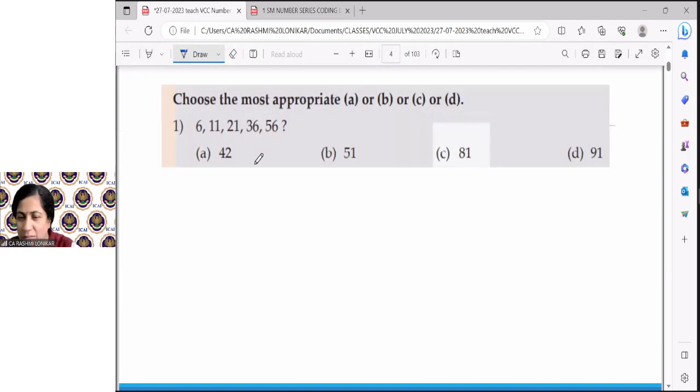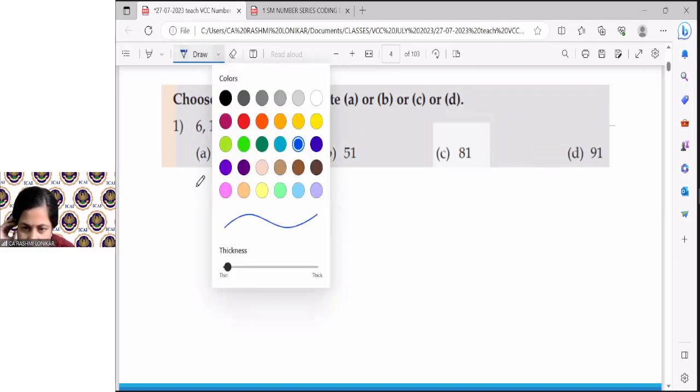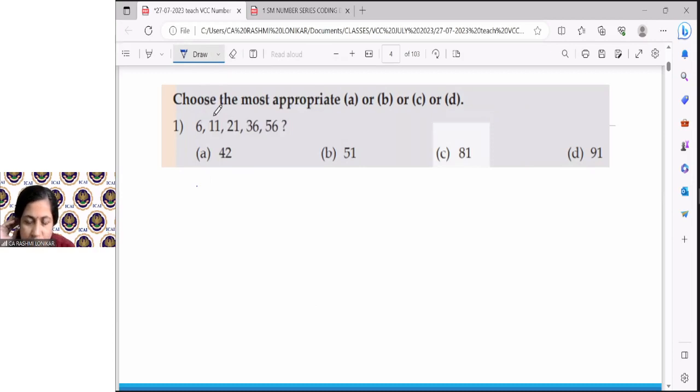Okay. So now we are going to try with the first problem. If possible, in the exam, try to do it here itself. Here only you find the difference and do. I will show you. The difference between 6 and 11 is plus 5. 11 and 21, plus 10. 21 and 36, plus 15. 36 and 56, plus 20.